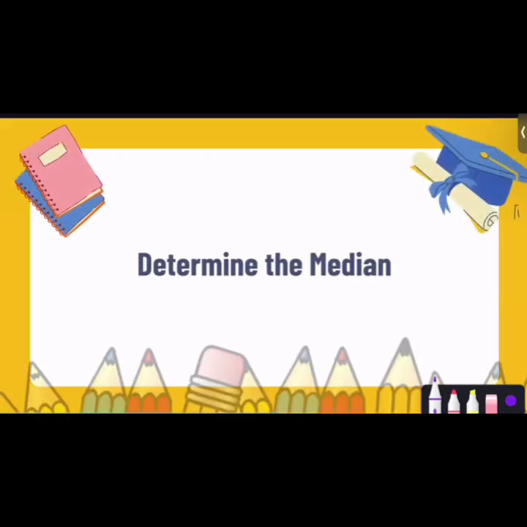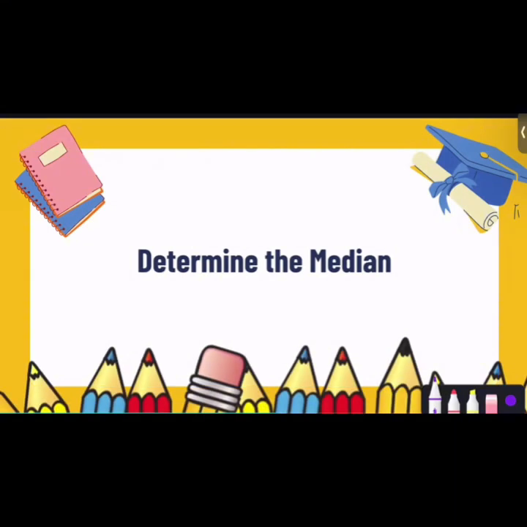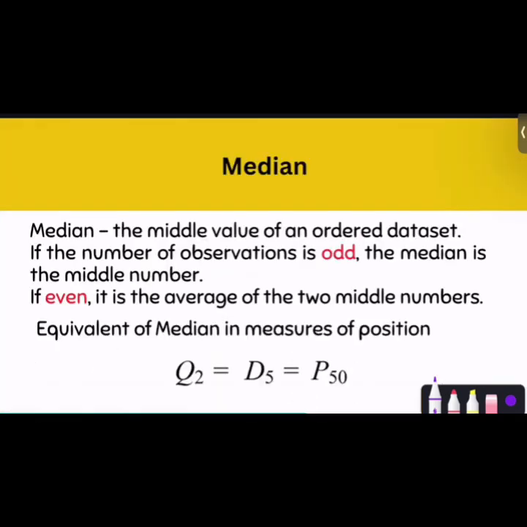So, bago tayo mag-proceed in solving measures of position, let's determine the median. Okay? So, first, let's have the median. When we say median, it is the middle value of an ordered data set. So, meron tayong dalawang case. If your number of observations is odd, then what we are going to do is get the middle number, and that will be your median.